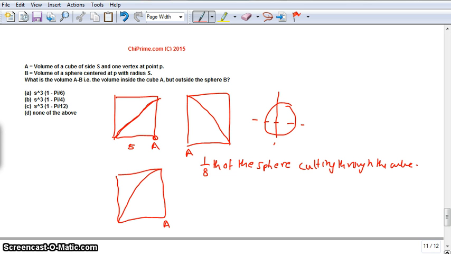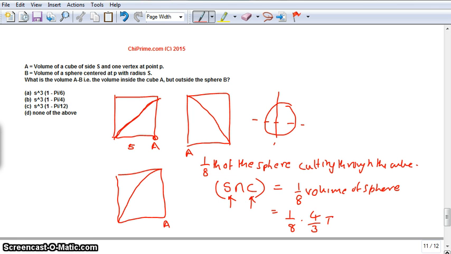So the volume of the sphere intersecting the volume of the cube, if we call S the sphere and C the cube, the intersection volume would be 1/8 the volume of the sphere. The volume of the sphere is given by 4/3 times pi times the radius cubed, where the radius is S. So S cubed. 1/8 of 4/3 times pi times S cubed, that's the volume of the intersection.